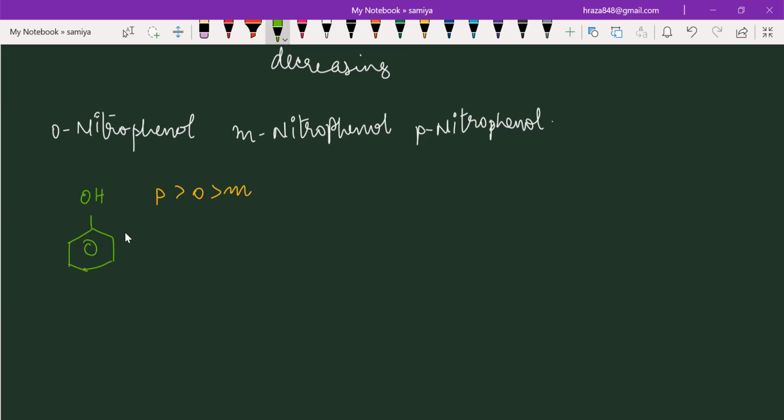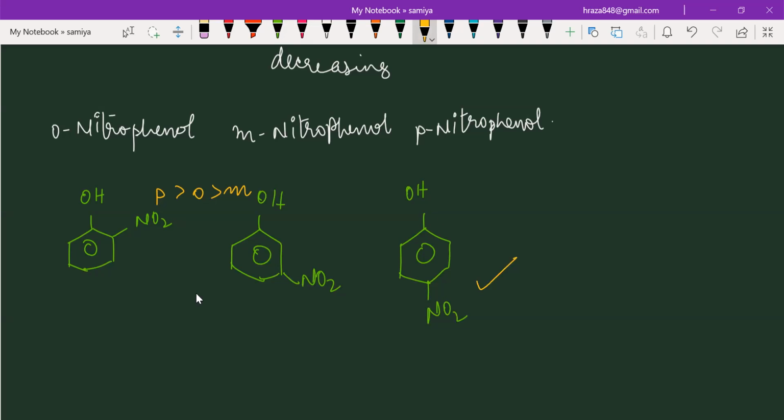You can see this is with respect to this. This is our o-nitrophenol, and then this is our m-nitrophenol, and this is our p-nitrophenol. First of all, this and this have almost the same acidic character, with only a slight difference.